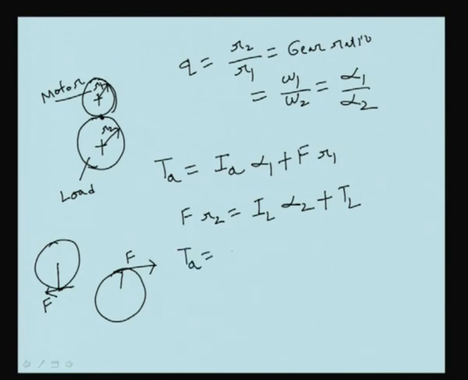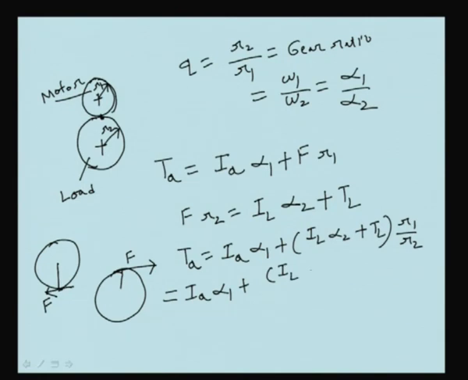So, TA is equal to IA times alpha 1 plus IL times alpha 2 plus TL R1 by R2, which can be written as IA times alpha 1 plus IL alpha 2 plus TL divided by Q. That is, this R1 by R2 has been replaced by 1 by Q. So, this is not there.